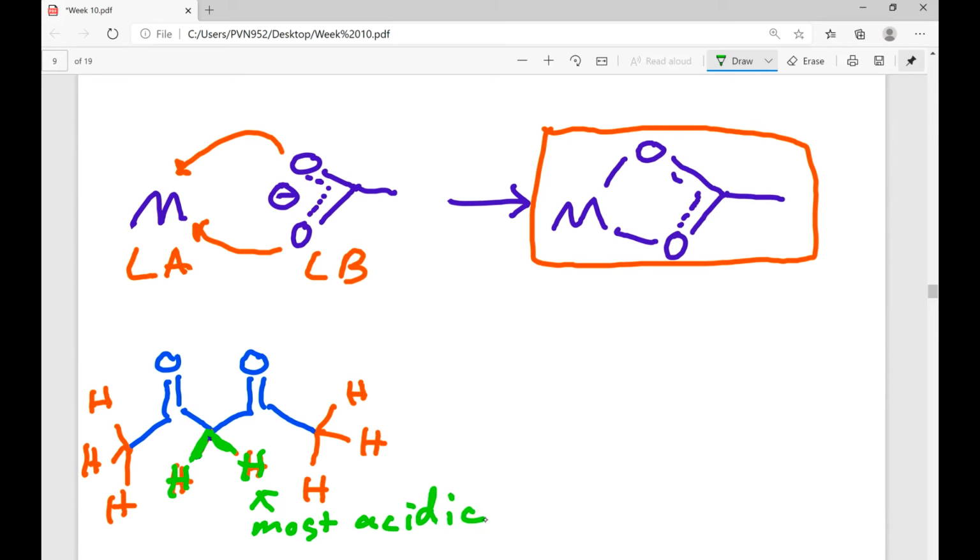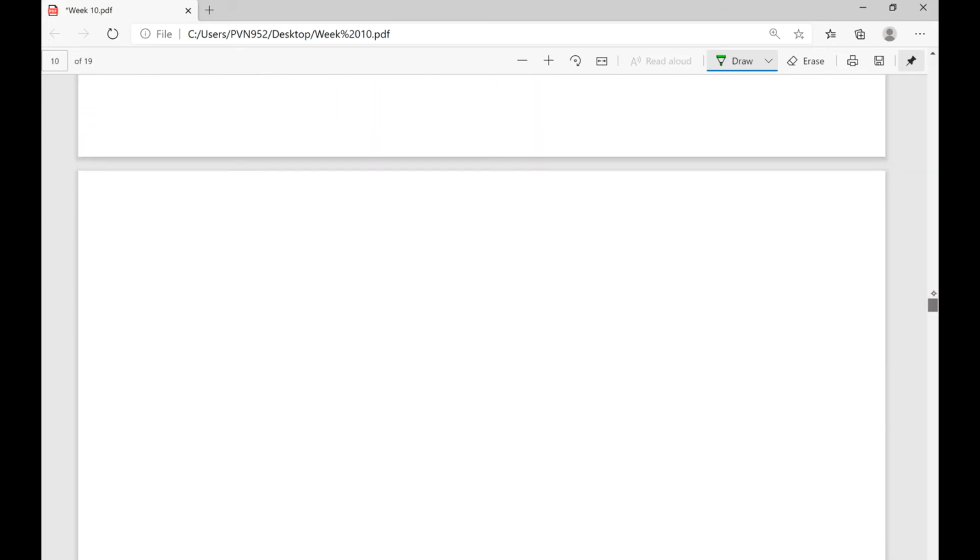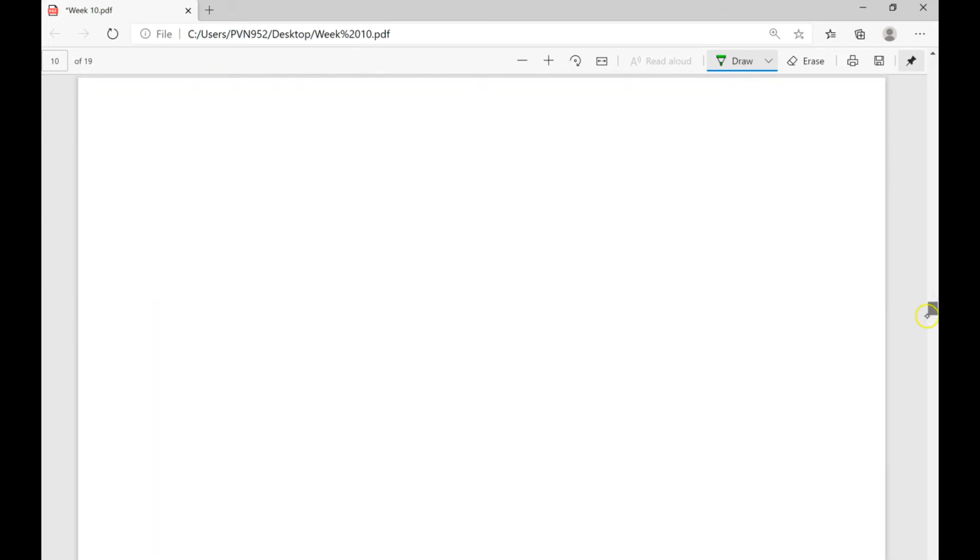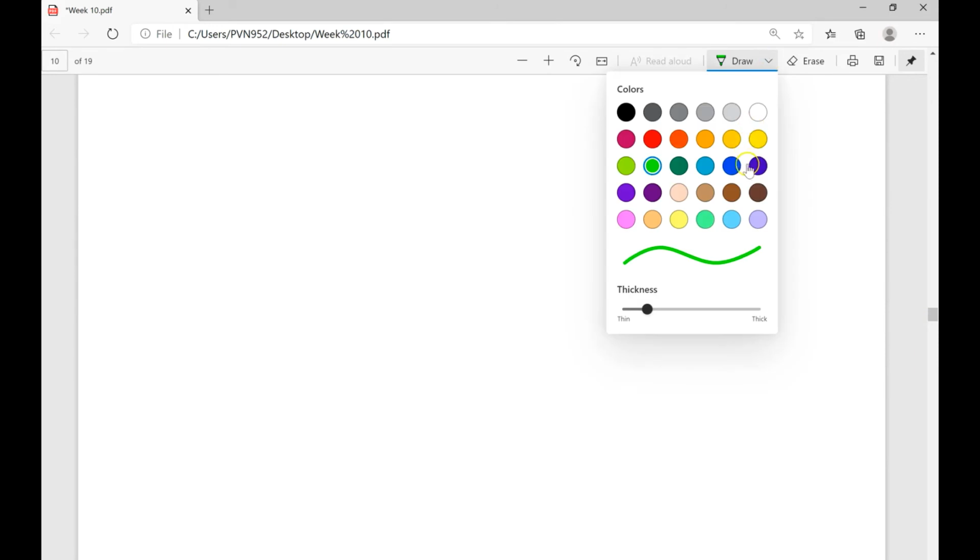So if I react this acetylacetone with one equivalent of hydroxide, I am going to be able to deprotonate that hydrogen or the other green hydrogen, and I'm going to make my anion that looks like this.